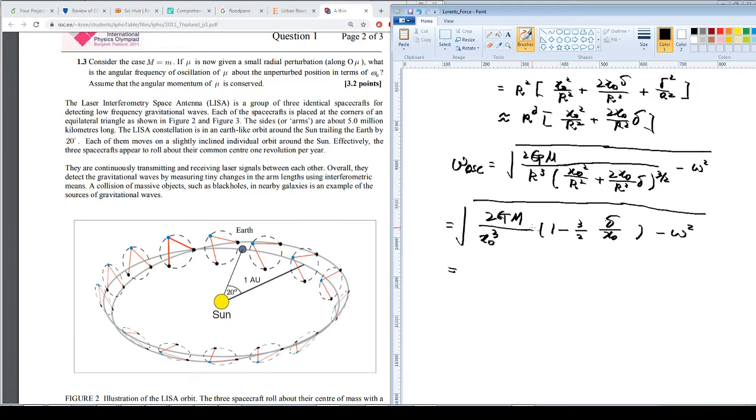These terms actually cancel out because 2gm over x naught squared is exactly omega squared.